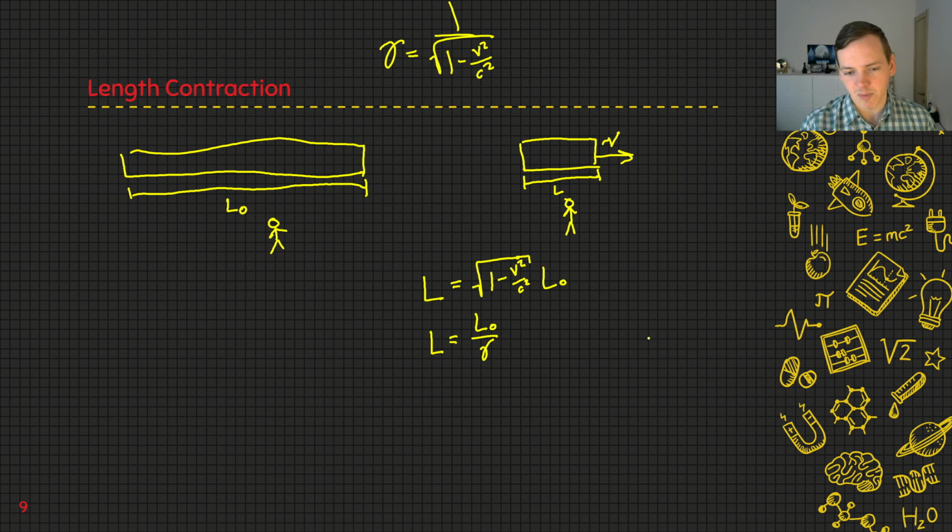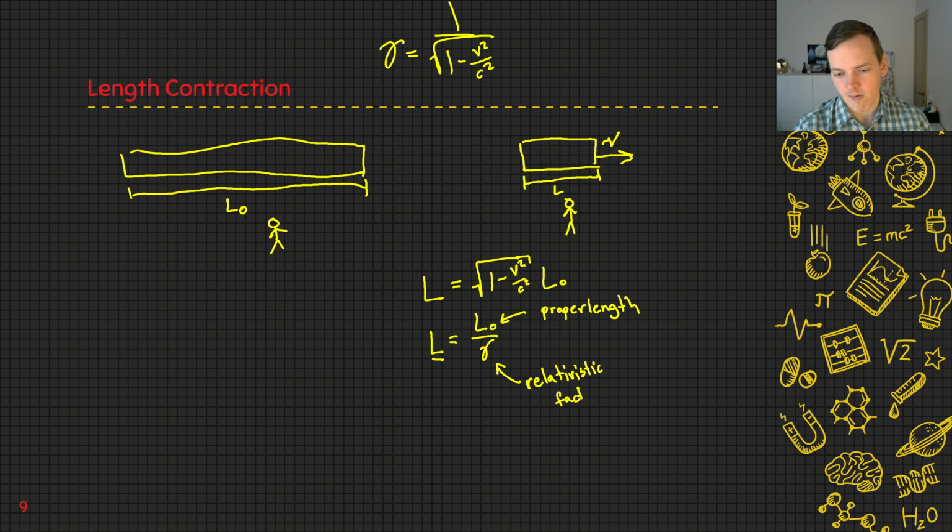So just as a reminder, we've got proper length. We've got the relativistic factor. And we've got observed length.